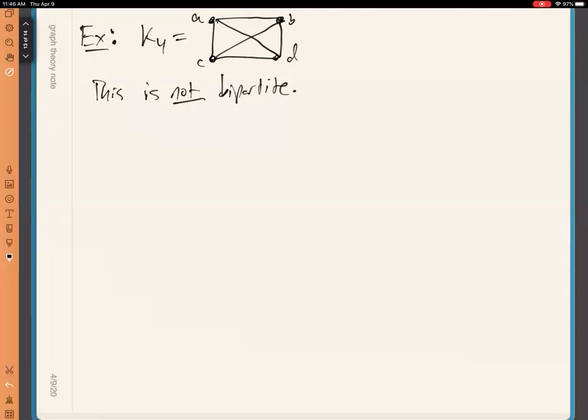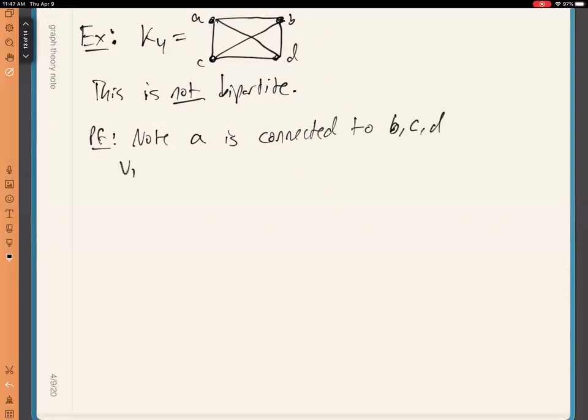And what's one way to see this? Well, let's just look at the vertex A. Note that A is connected to all of the other vertices, so it's connected to B, C, and D.